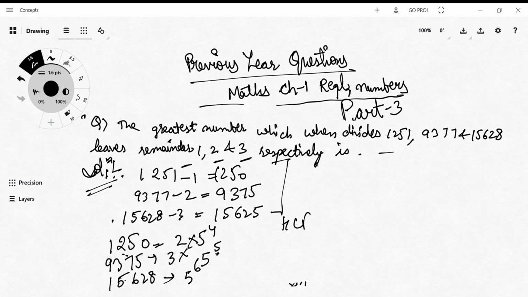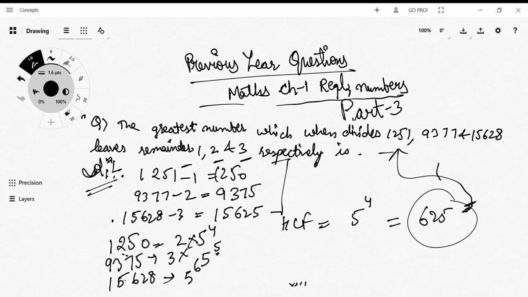So the HCF will be 5 raised to the power 4, and we get 625. When this number divides the given three numbers, it leaves the remainders 1, 2 and 3. Now let's move to the next question.